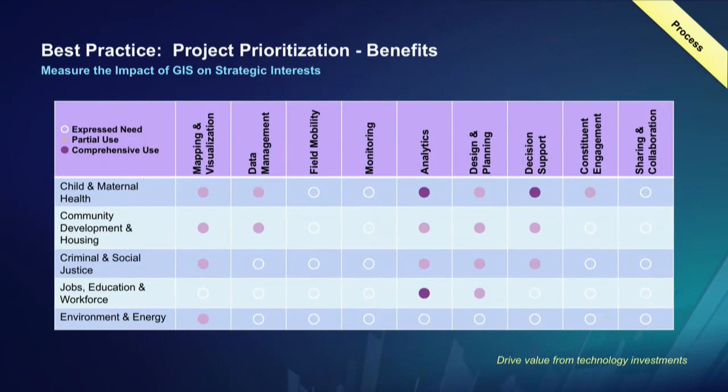You can also assess the benefits of capabilities by assessing the potential impact on strategic interest or strategic goals. The items going horizontally might look like business units, but they're actually strategic priorities that often cross organizational boundaries.